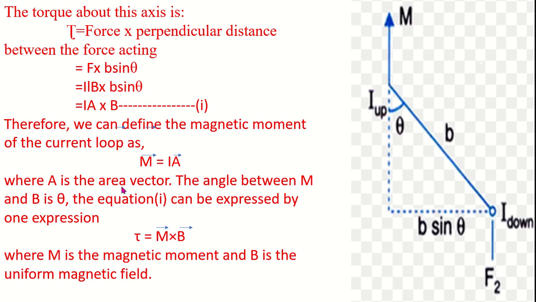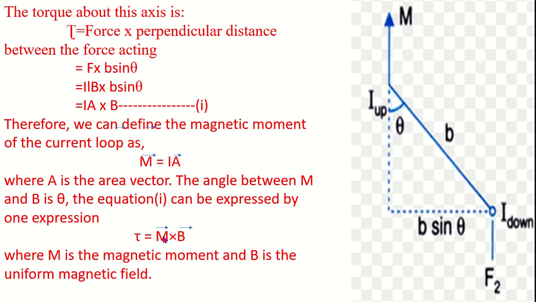Here A is the area vector, and the angle between M and B is theta. So then equation 1 can be written as one expression, that is tau equal to M cross B, because I times A equals what? M, that is magnetic moment.